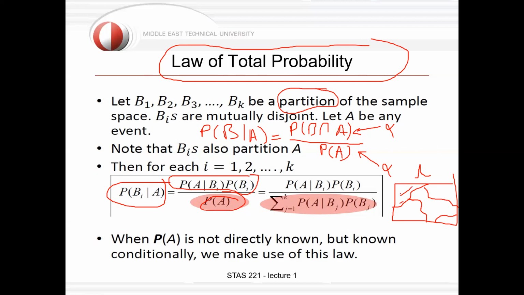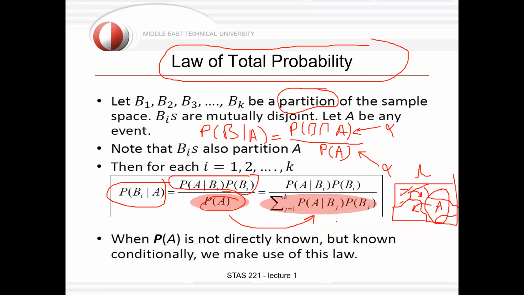For example, this set doesn't interfere with this one, which doesn't interfere with this one. And what else? The union of them should cover the whole sample space, okay? So if I can do that, then it is possible to use this probability, because set A could be anywhere inside this omega.